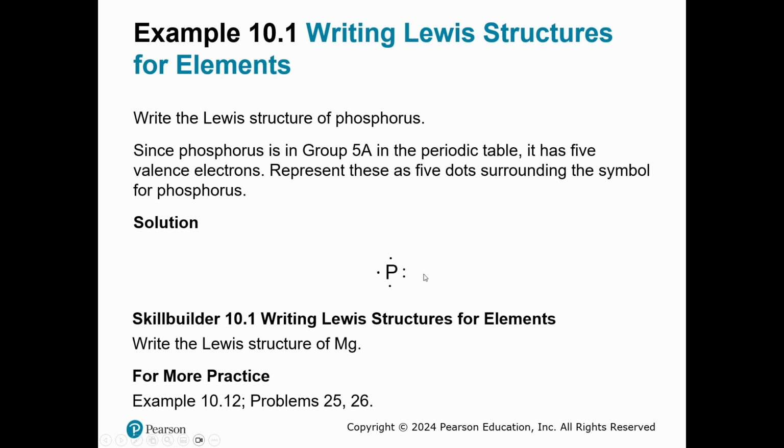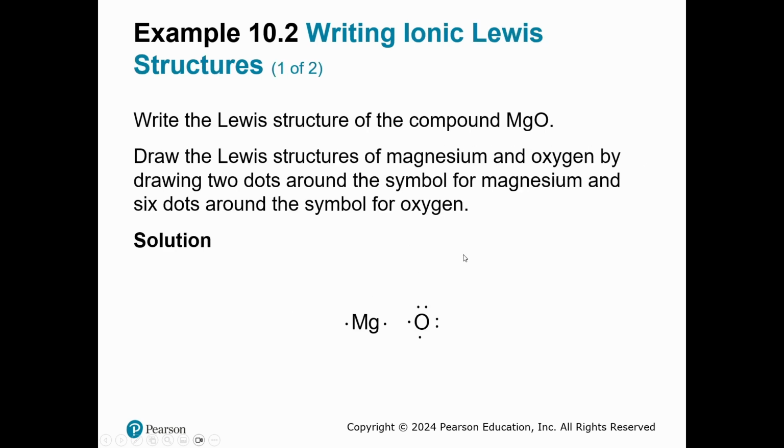Group 3A, or 13, has 3 valence electrons. Group 14, or 4A, has 4. 15, or 5A, has 5. 16, or 6A, has 6. So forth and so on. So phosphorus is in the 5th group, so it's going to have 5 valence electrons, just like nitrogen. So we would draw the Lewis dot structure like this.